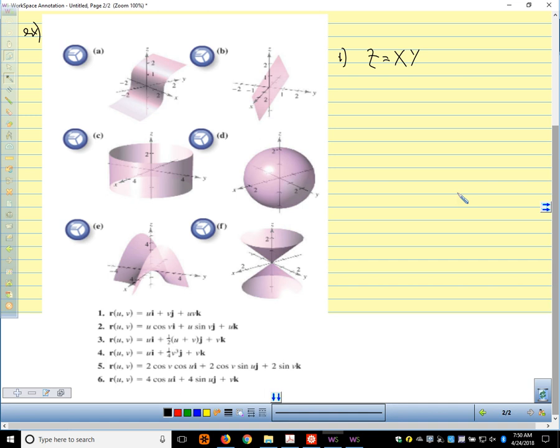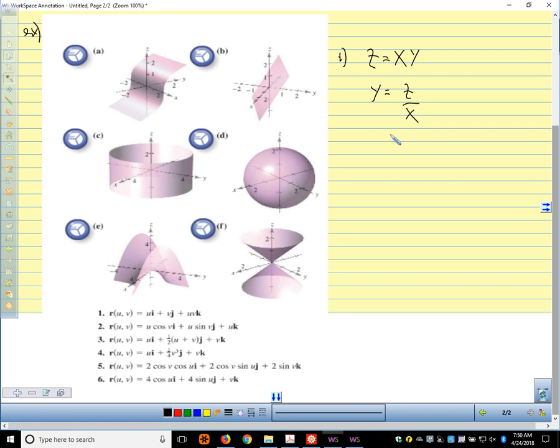Or let me do it a different way. We have y equals z over x. If y is a constant, what kind of graph is z over x equals a constant? Z equals 2y, z equals 3y, z equals 4y.